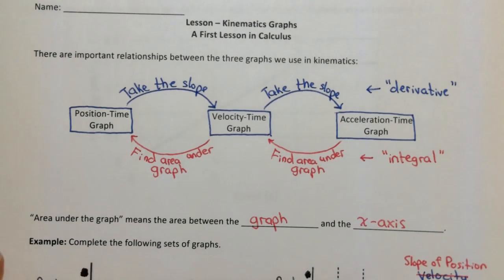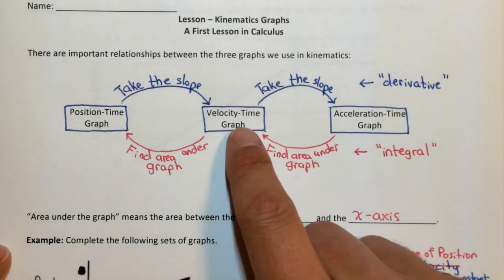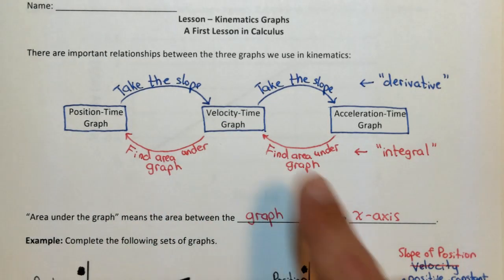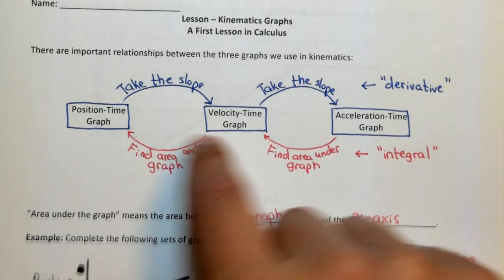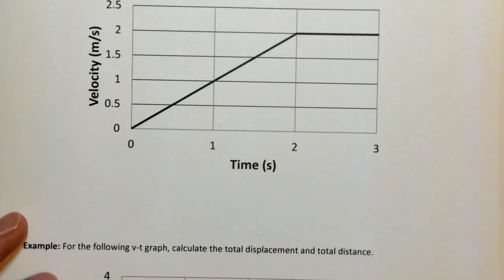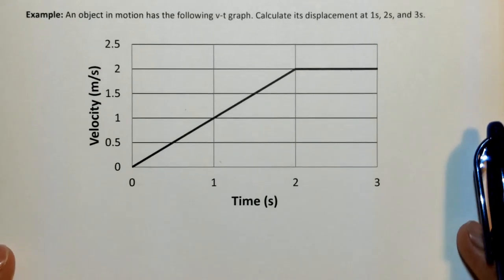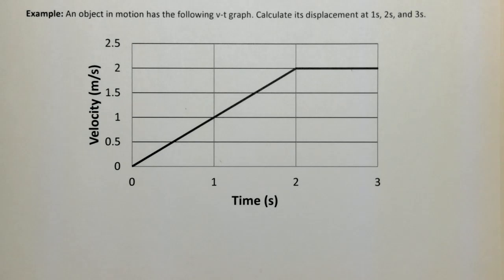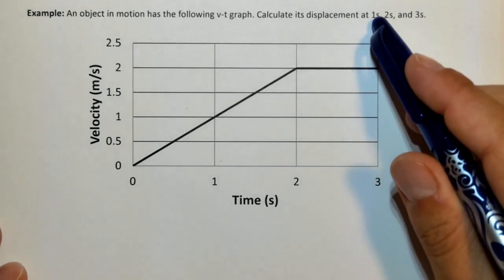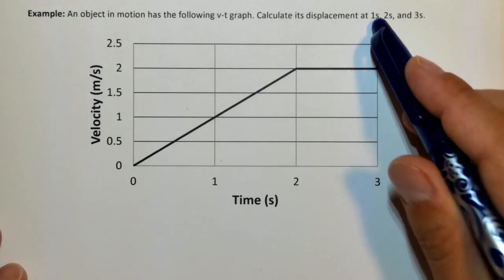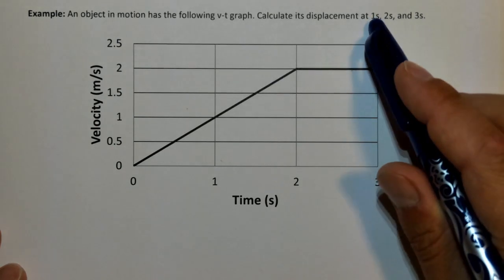So basically, we have here a situation where we're looking at a velocity time graph. We want the change in position. So we're finding the area under this graph to see how this has changed. So, if I want to know how much the position has changed after 1 second, I need to find the area under the graph up to 1 second.